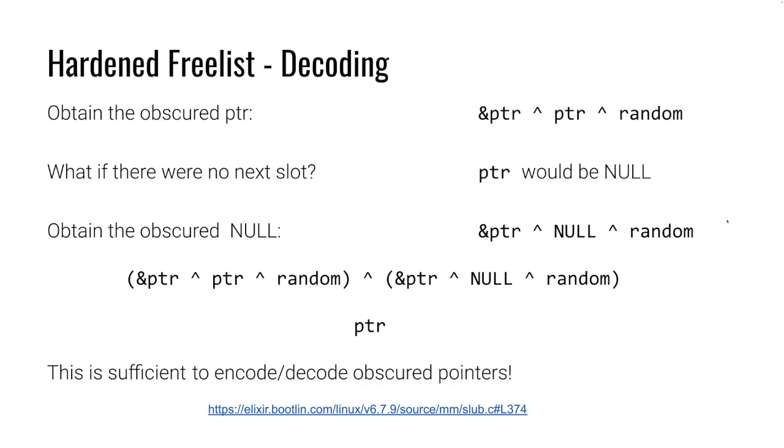If the attacker can obtain both of these, then the attacker can XOR them together, at which point the attacker has revealed the pointer. That is sufficient not only to decode an obscured value, which is what we've just shown, but this second value, the address of pointer XORed with null, XORed with random, is sufficient to encode a pointer.